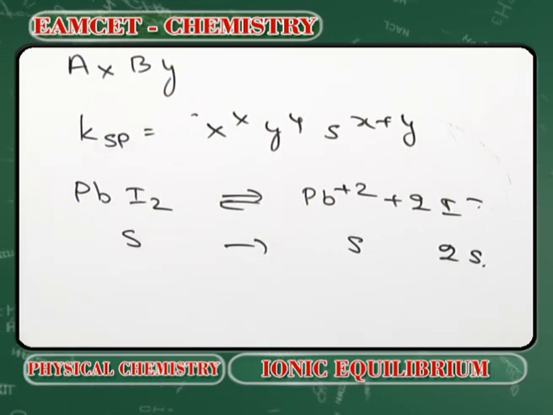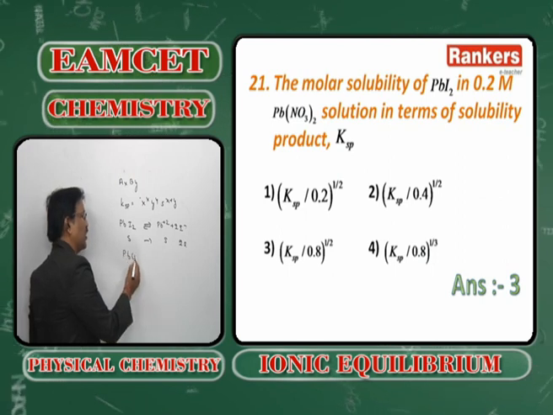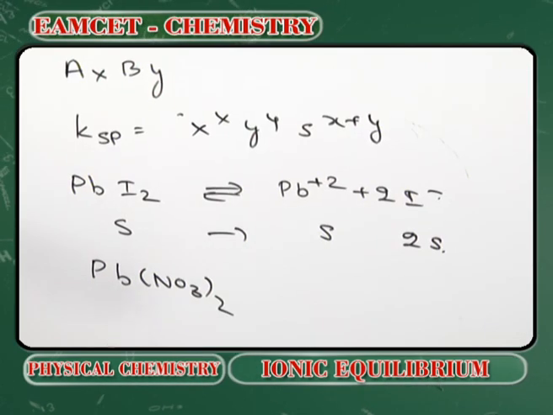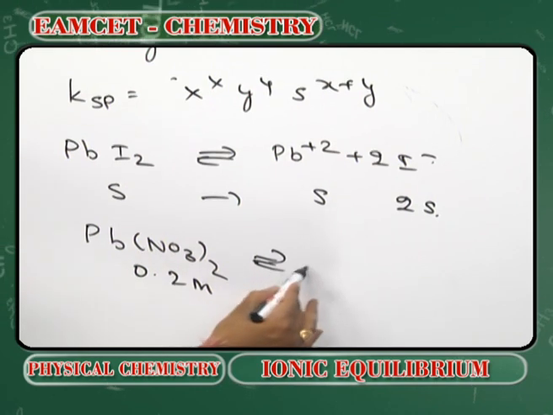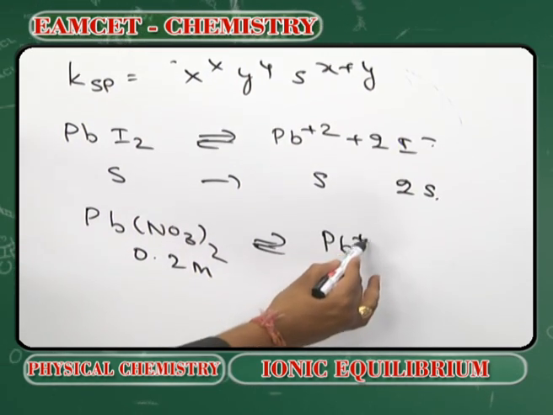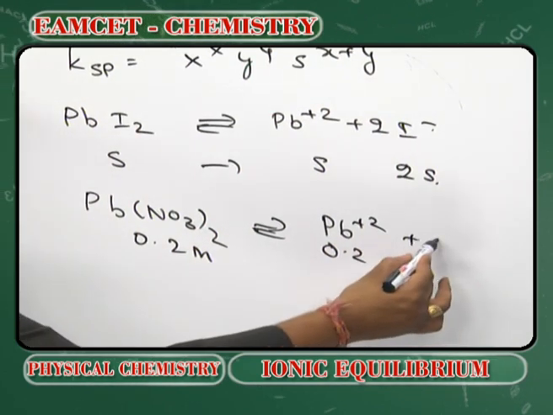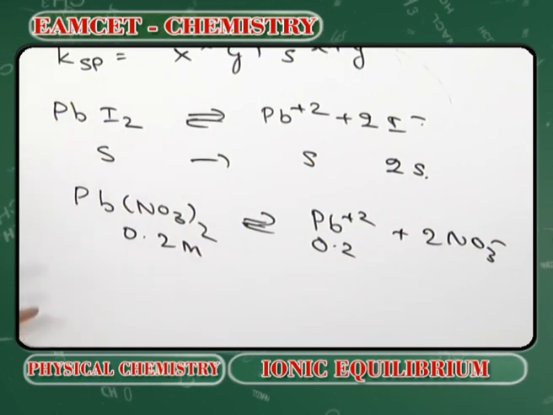Now there is another salt, lead nitrate, Pb(NO3)2. It is a strong electrolyte, so it ionizes completely. 0.2 molar will give rise to 0.2 moles of Pb2+ and 2NO3-.